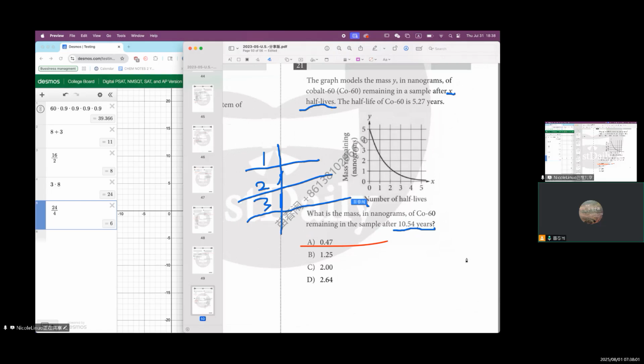That satisfies the x coordinate, the number of half-lives, which means you are at 2 here, right? So when you read it, it's a little bit above 1, right? So B. Okay.